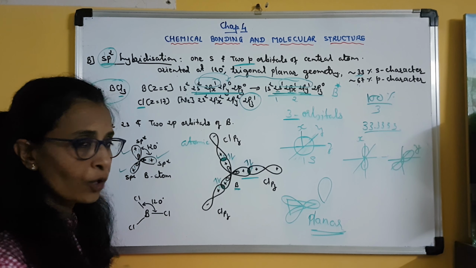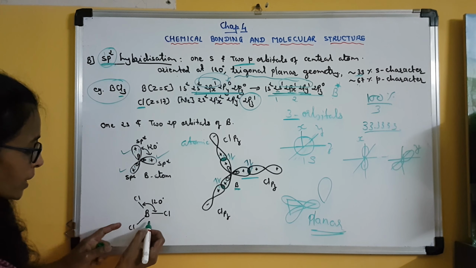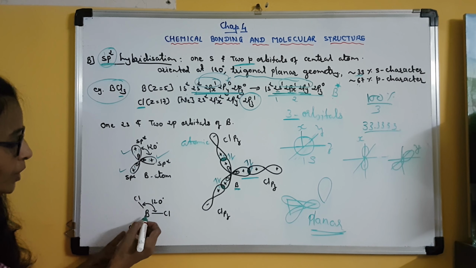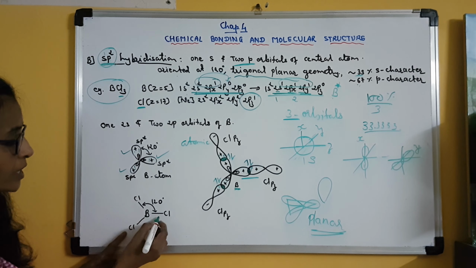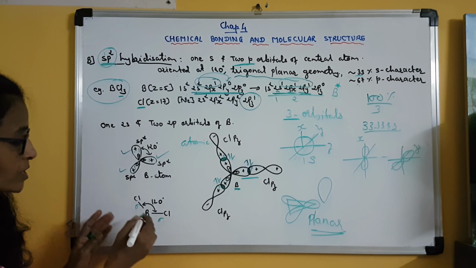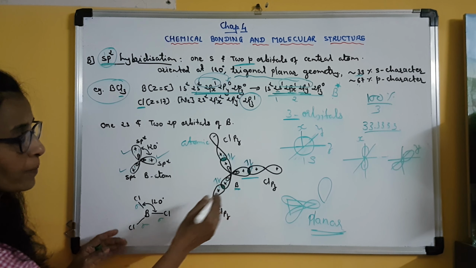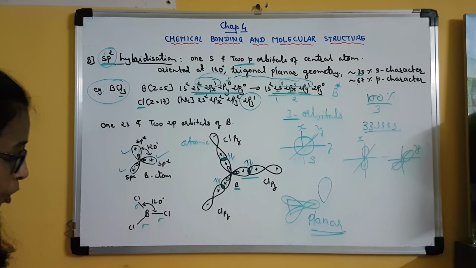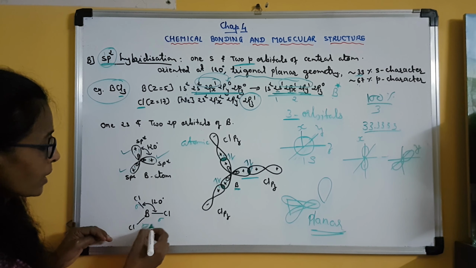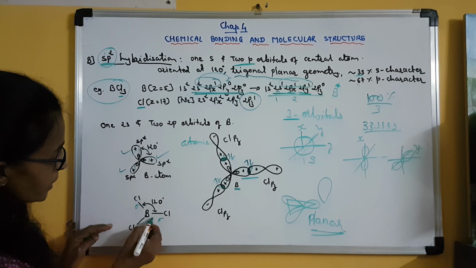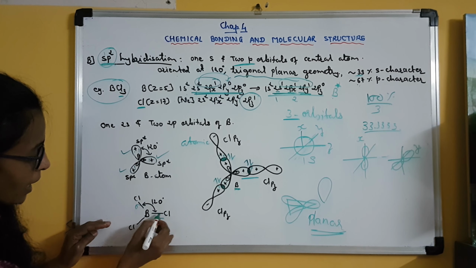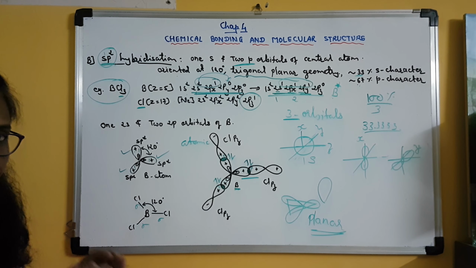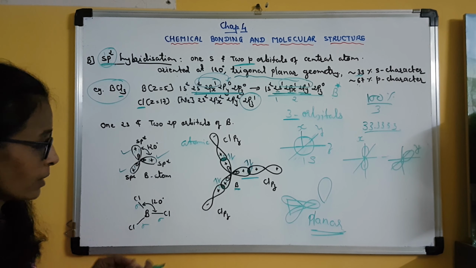And that is why the resulting BCl3 molecule will have 3 sigma bonds. All the 3 boron-chlorine bonds are sigma bonds because they are formed by head-on overlap of orbitals. Clear? So they are all sigma bonds, and here you can see these 3 bonds are oriented along the 3 corners of a triangle. Why?